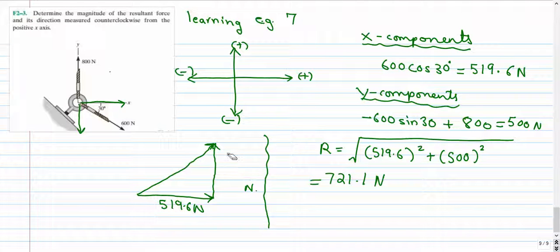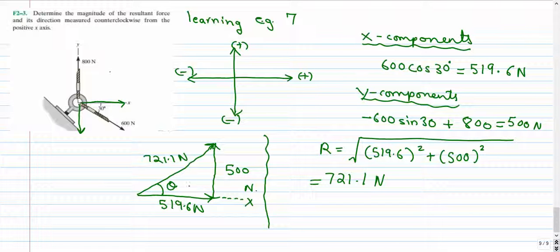The resultant y component is 500 newtons. The resultant is 721.1. This is the angle that we need. Notice that this angle is formed in the counterclockwise direction from the x-axis, since it's in this direction.